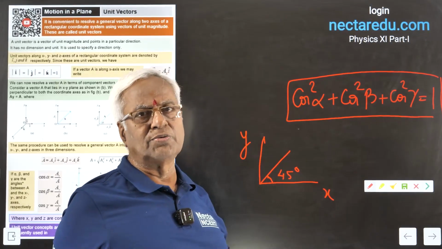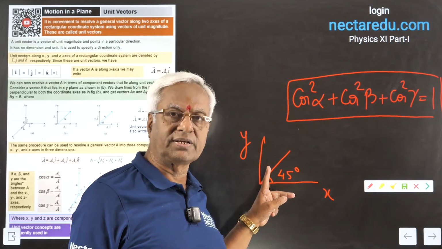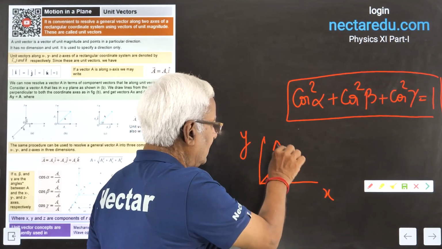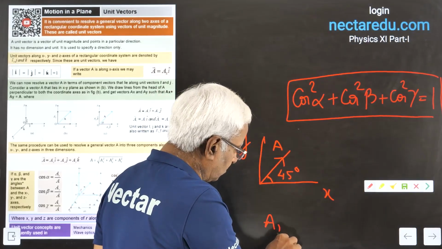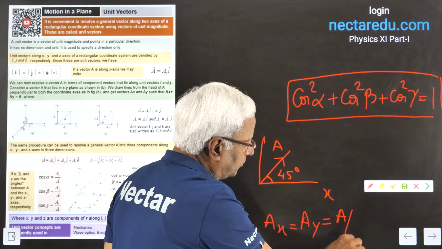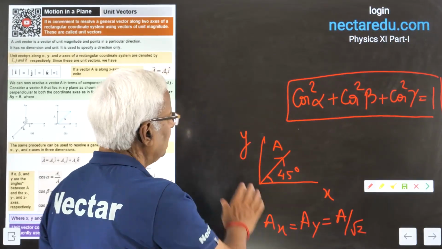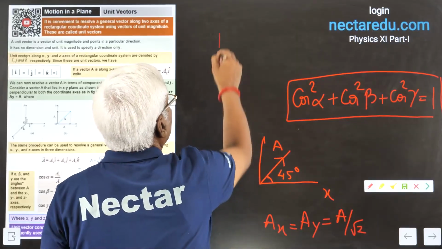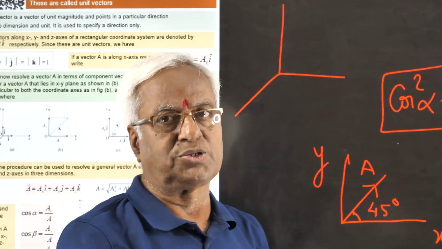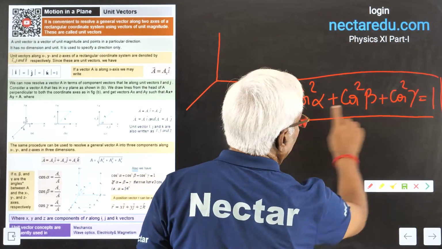And in that case, you will also know that the two components shall be equal to each other. Suppose the vector is A, then this component ax or even ay is going to be equal to A upon root 2. But if you consider that the vector is making equal angle with all the three axes, then obviously all these will be equal.